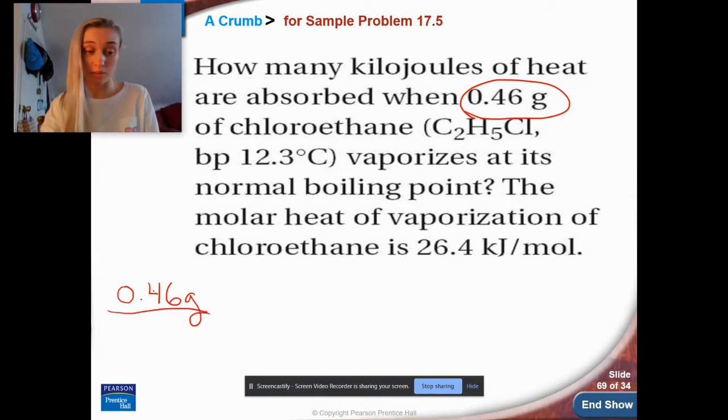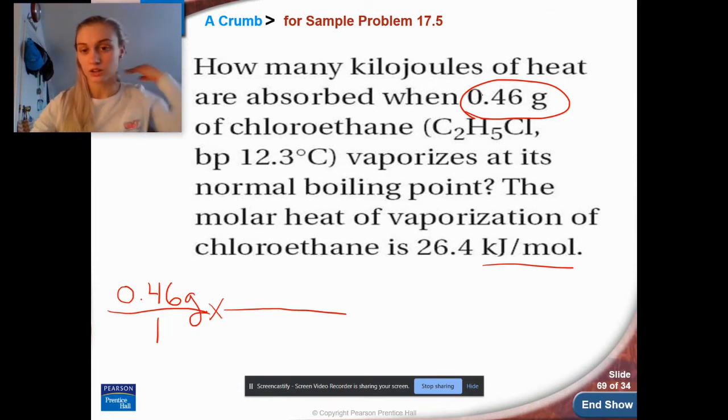Okay, so continue with our conversion. I put my given, so 0.46 grams. And then I'm going to calculate my molar mass because we have grams and we can't use this yet because this is in kilojoules per mole and we have neither kilojoules nor moles. So we need to get one of the two, and the easiest thing to get from grams is moles using our molar mass.